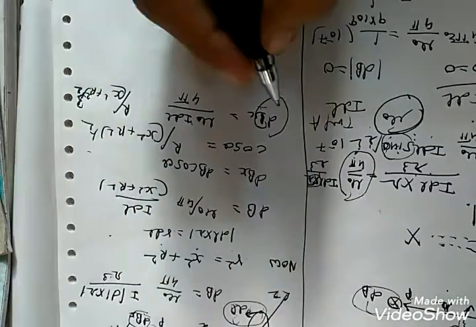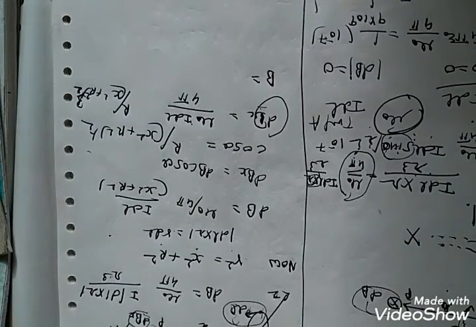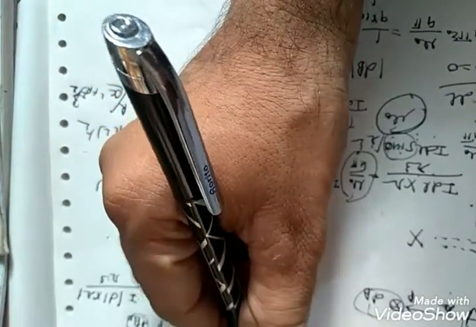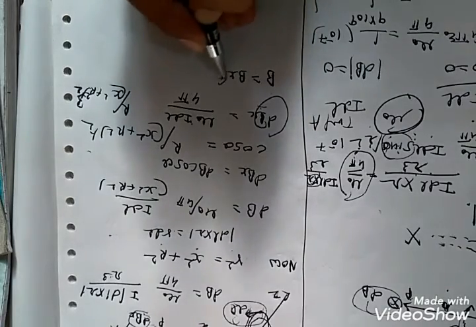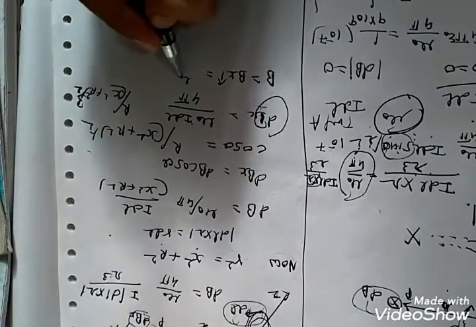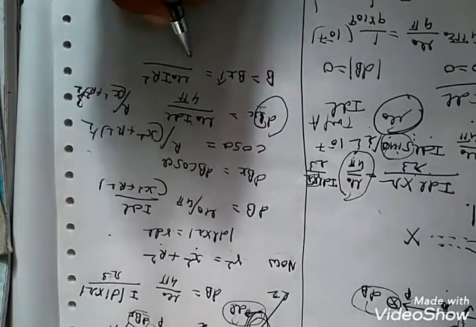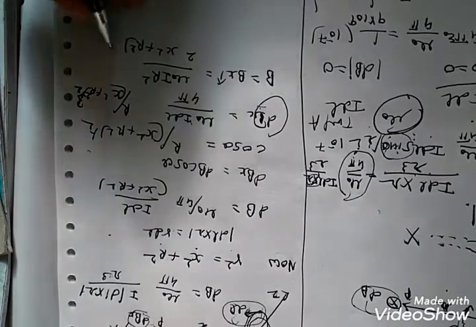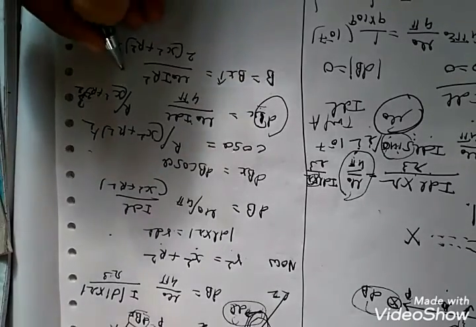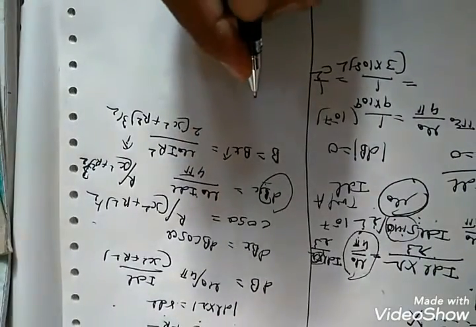The magnetic field at P due to the entire circular loop is B equal to Bx i cap, which is equal to mu 0 I R square upon 2 times x square plus R square all raised to 3 by 2, i cap.